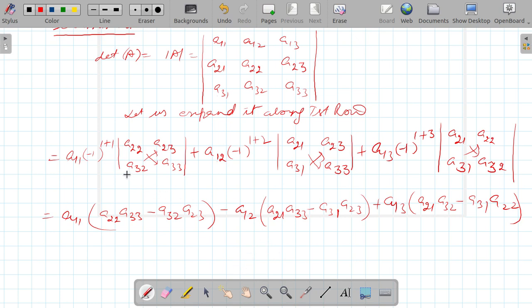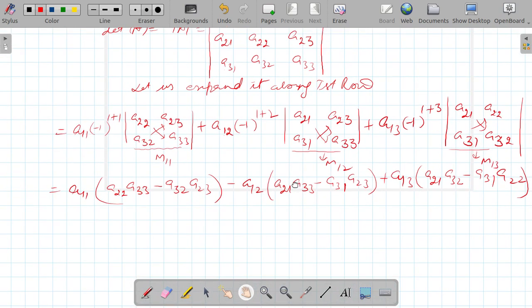and these quantities are known as the minor of the first element, the minor of this element, and the minor of this element.